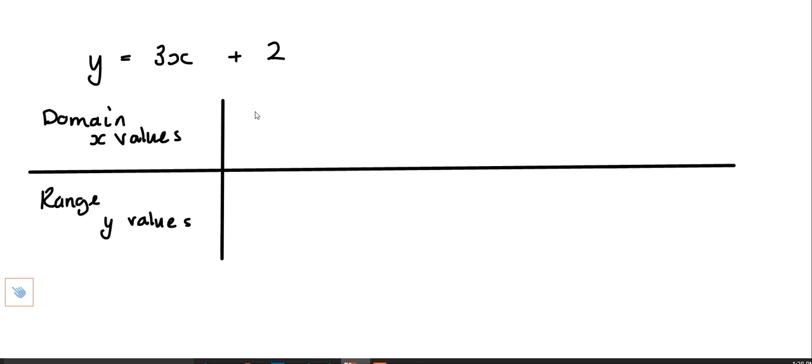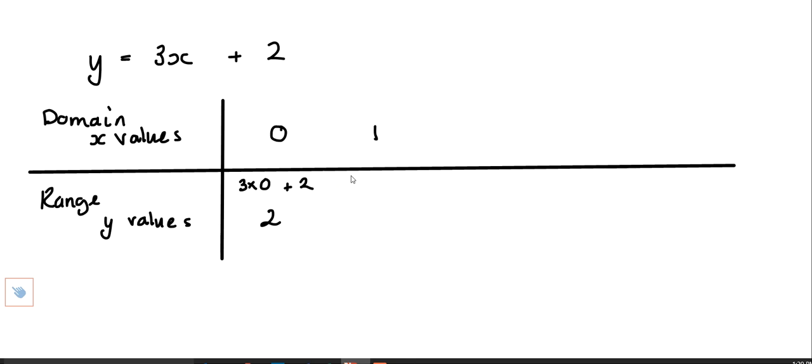So actually the one that we normally start with is 0. I put 0 in and I do 3 times 0 plus 2, and it gives me the answer 2. Which next value would you choose? 1.